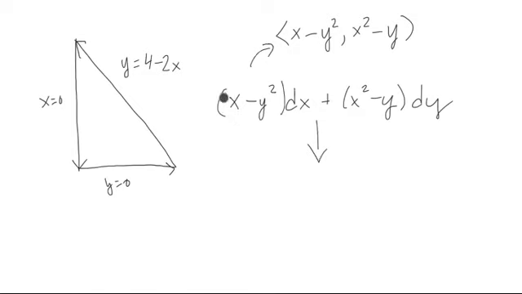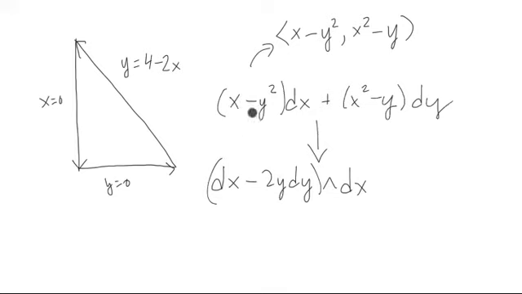Essentially, we could just think of this as dx minus 2y dy, and we're wedging with dx. You could just take the d of that part and of that part as follows.